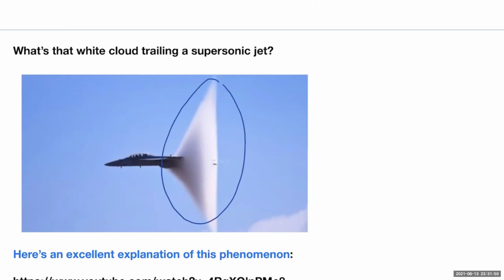Okay, it looks like it's made of a triangular shaped white cloud. It's actually more like a cone shape. It looks like it creates its own white cloud trailing it.